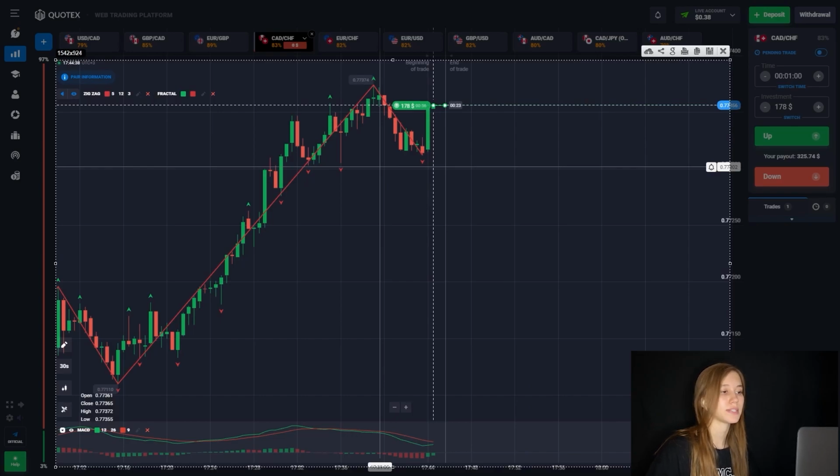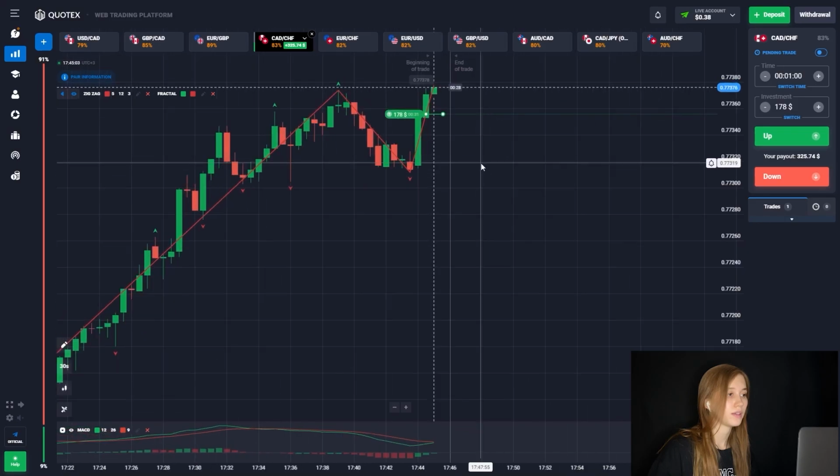A minimum point has formed. We see an update of the maximum points. And based on this, I think that the movement should go up. So we also see a reversal from the MACD, also upward, and let's see what is happening.